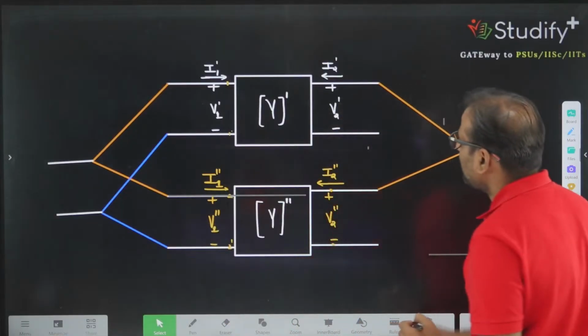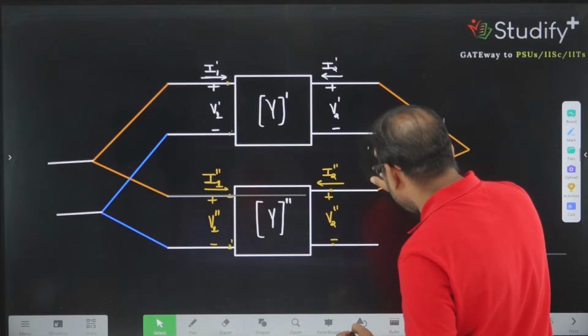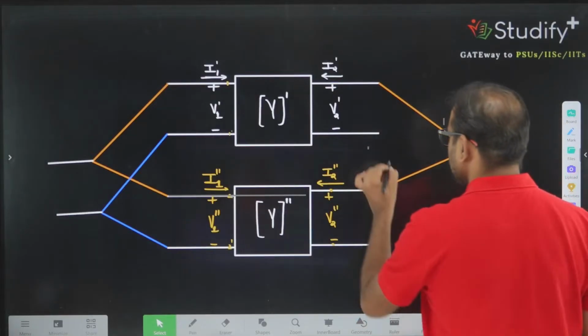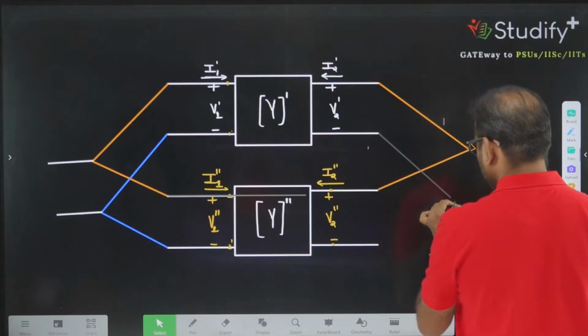Or you can say we want to connect main terminal to main terminal, then we will connect reference terminal to reference terminal. All are same thing.